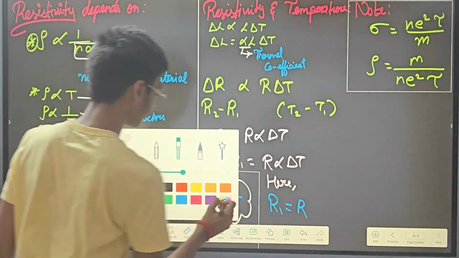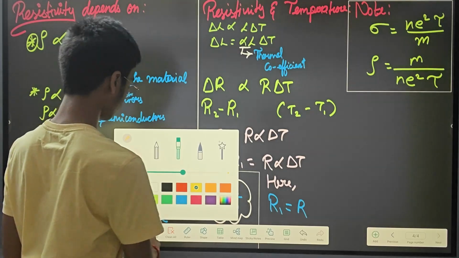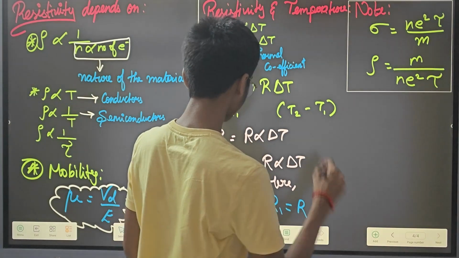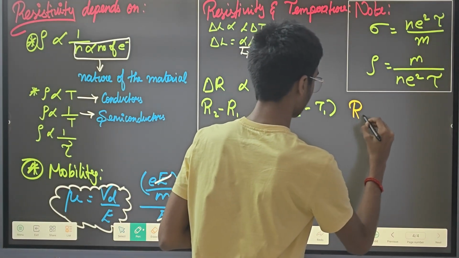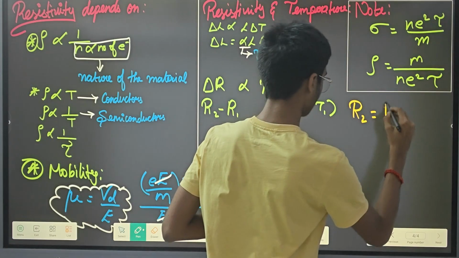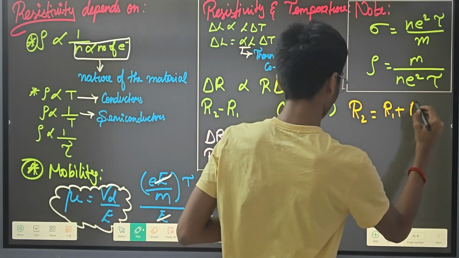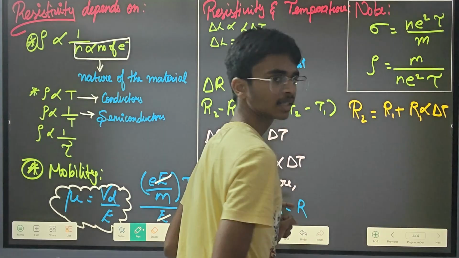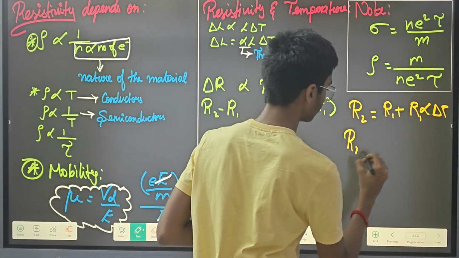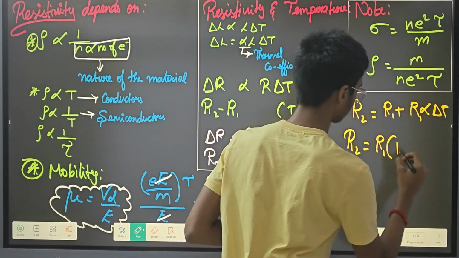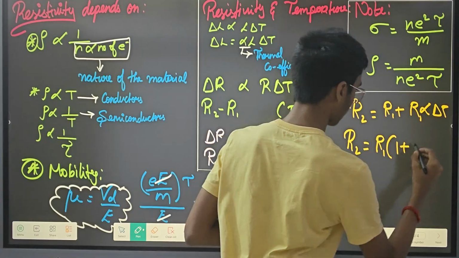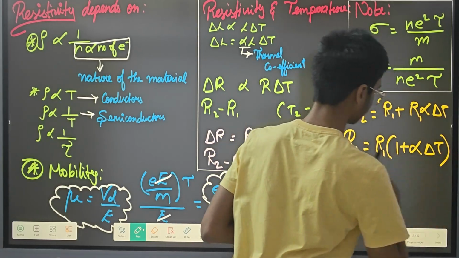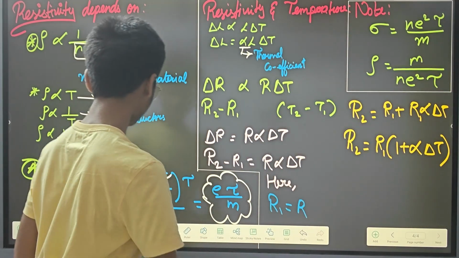So in that case, R2 is equal to R1 plus R1 alpha delta T. So R2 is equal to R1 into (1 plus alpha delta T). So this is the formula.